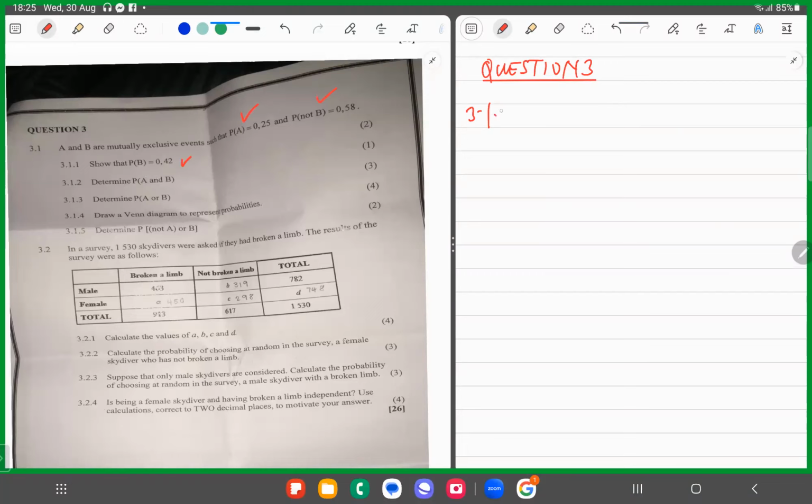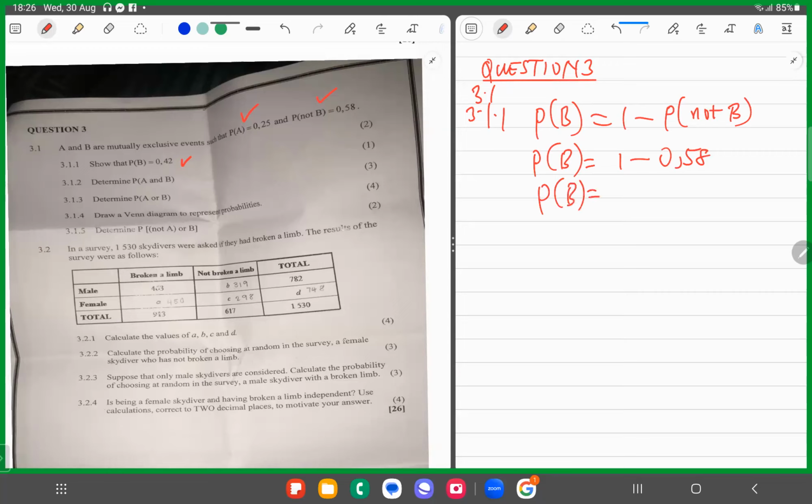Very easy. All right, so we know that the probability of B is equal to 1 minus the probability of not B. So the probability of B equals 1 minus, what is the probability of not B? 0.58. So the probability of B is 1 minus 0.58. What is the answer?